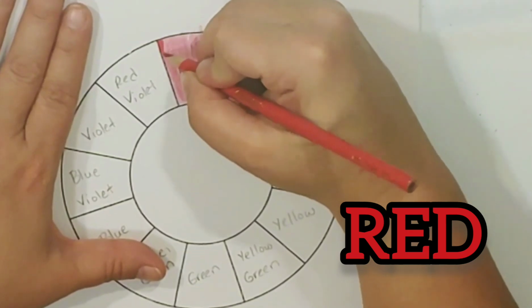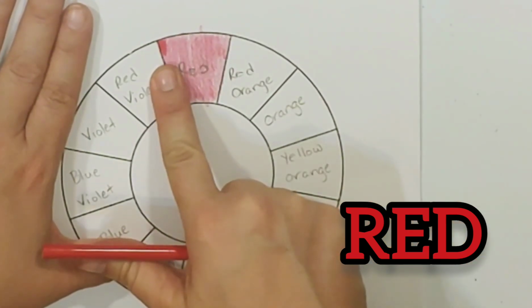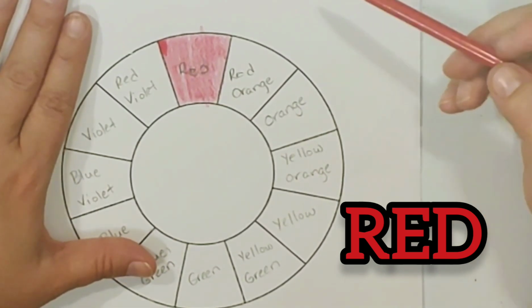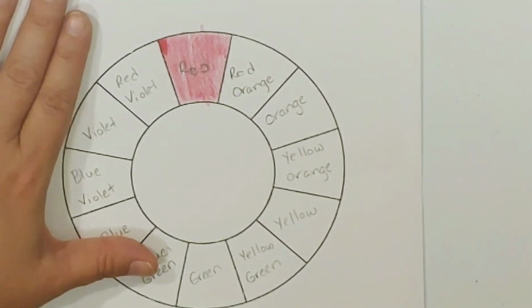You can go a little darker with your primary colors, just like this, but I'm going to keep mine light just in case I need to add.